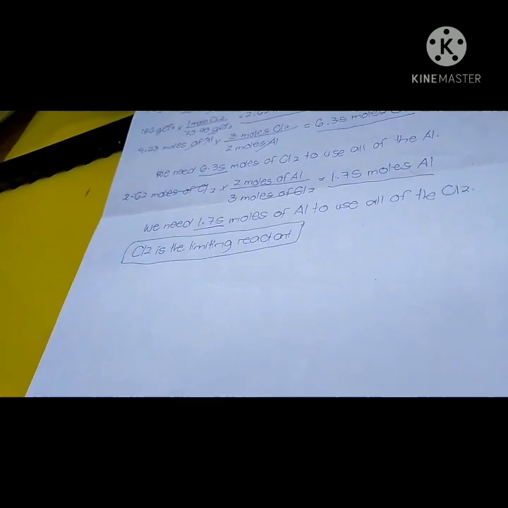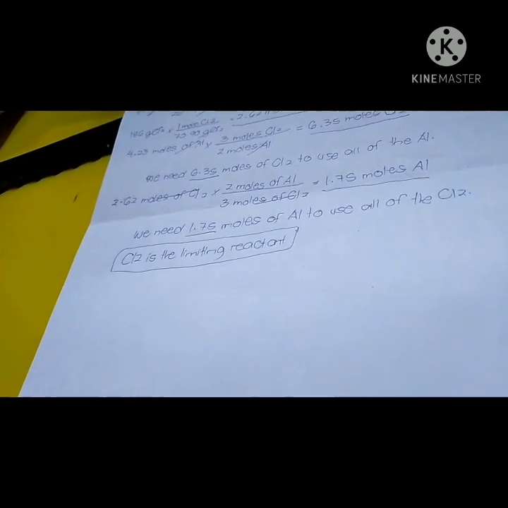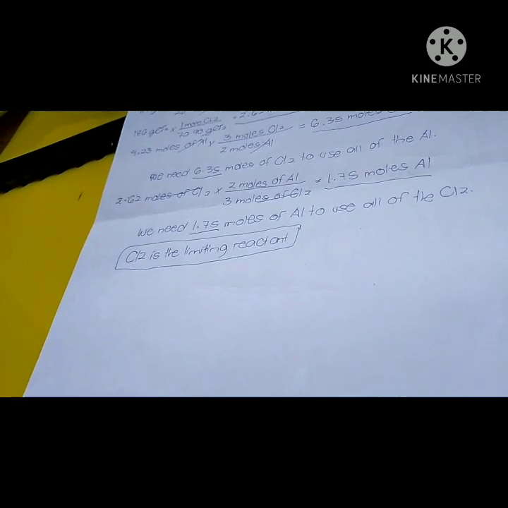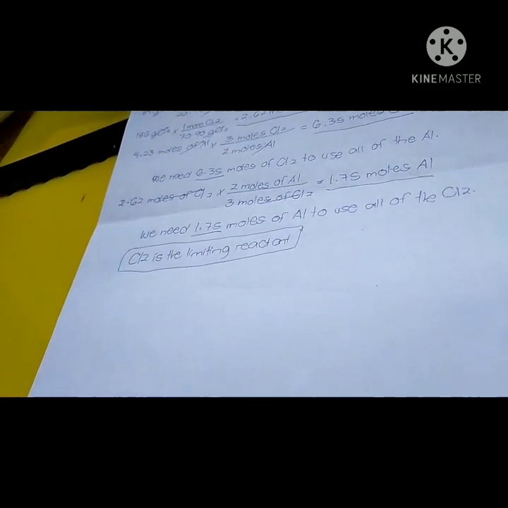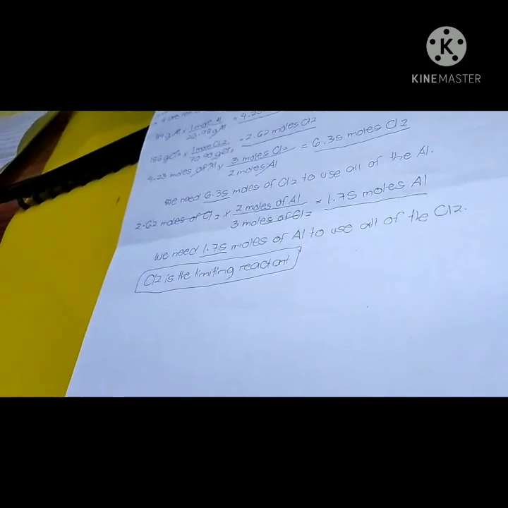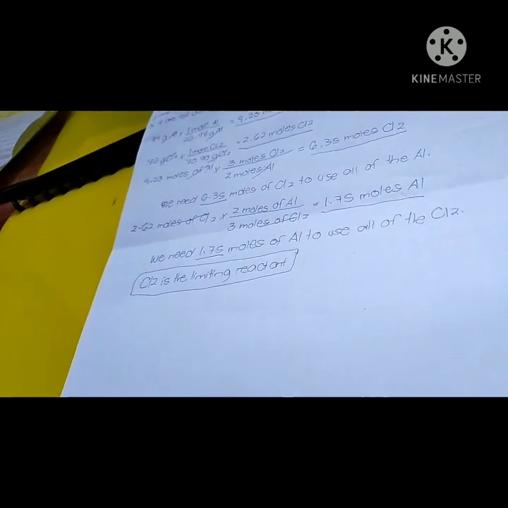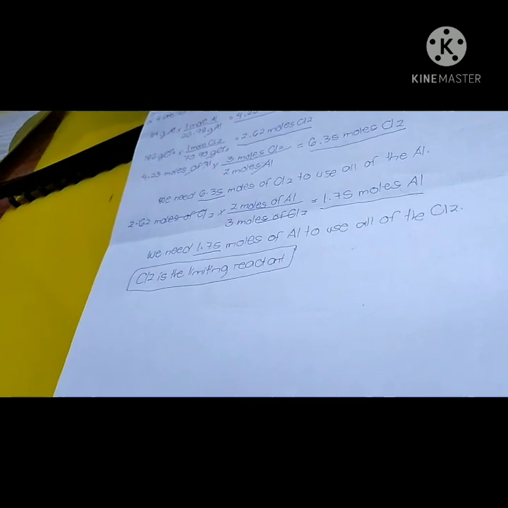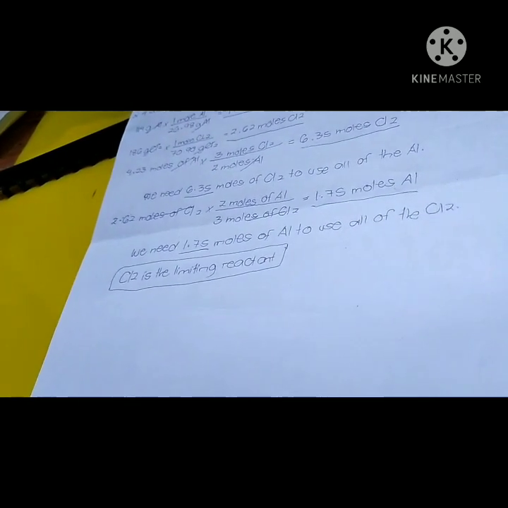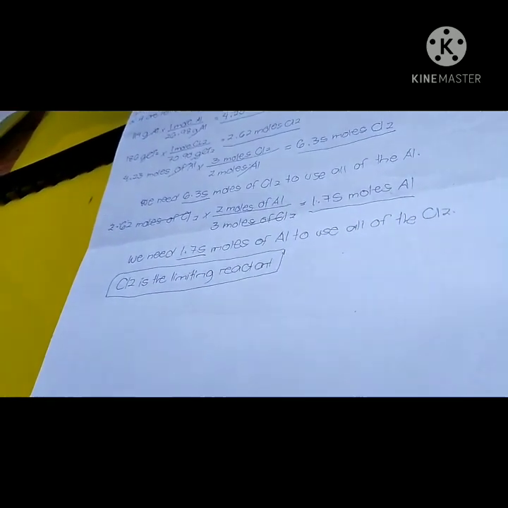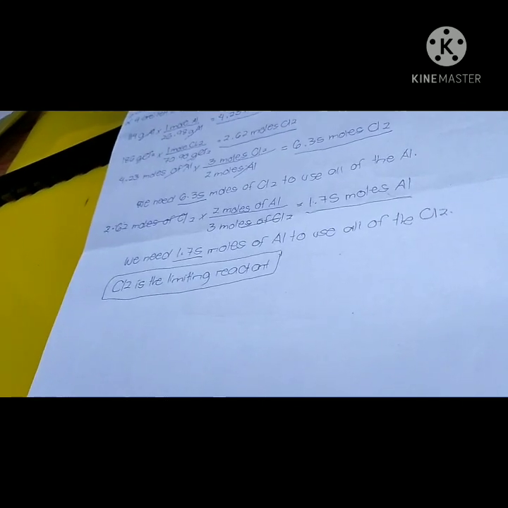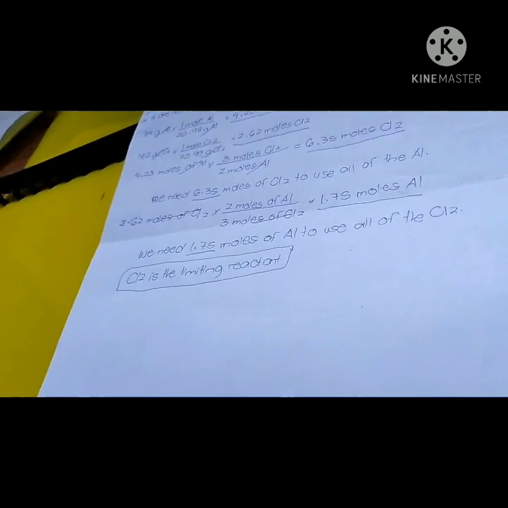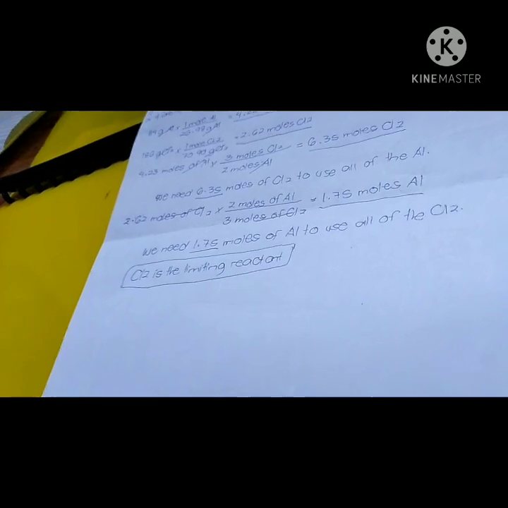To do that, we can't start with all the aluminum because we don't have enough Cl2 to react with all the aluminum. But we can use all of the chlorine. We have enough aluminum to use all of the chlorine. So we're going to figure out how many moles of AlCl3 we can make if we use all the chlorine, because we have enough aluminum for that.